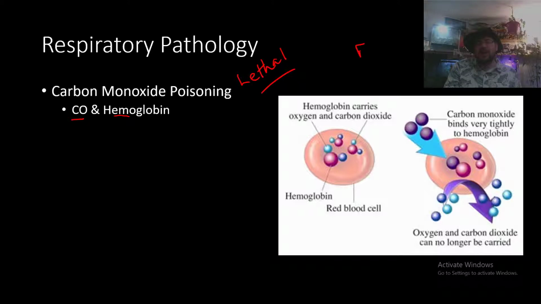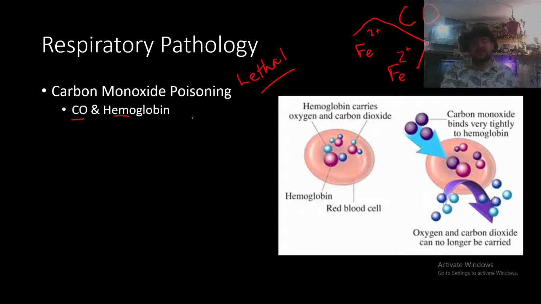That iron on your hemoglobin, all over in those heme groups, carbon monoxide forms a very tight bond to that iron. And it very quickly can overwhelm red blood cells.